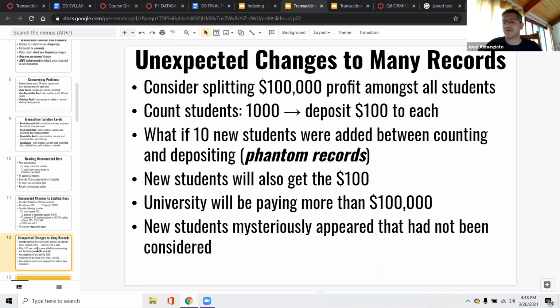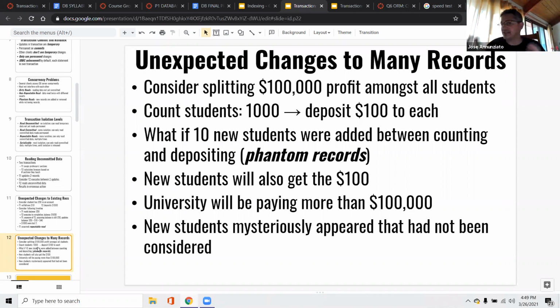So here's another example. We're doing a phantom record. Phantom reads, where you have a query. At the end of the year, the students have saved $100,000 from selling tickets and selling all sorts of events throughout the year. And at the end of the year, the department has an average 1,000 students, and they're trying to decide what to do with the money that they've gathered throughout the year.